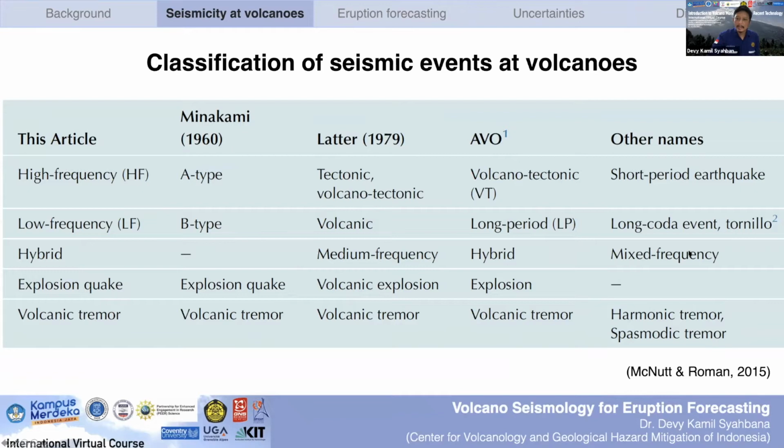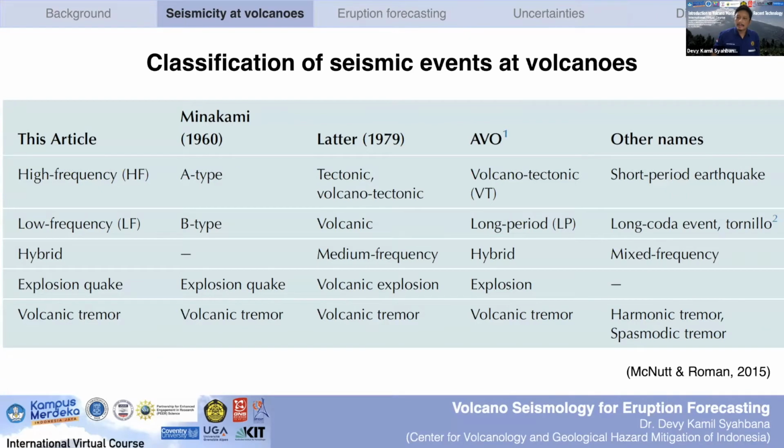The Alaska Volcano Observatory in the US made another distinction. The first is the high frequency events, called volcanotectonic. The low frequency events are called long period events. Hybrid is the hybrid, and explosion and tremor stay the same.